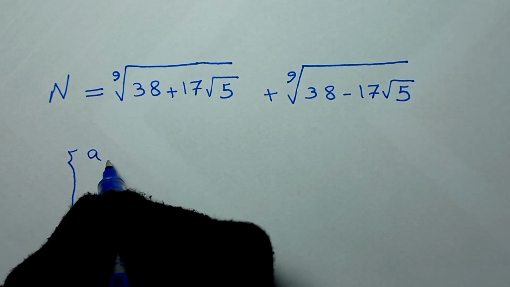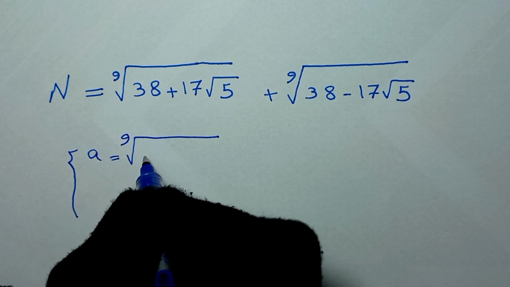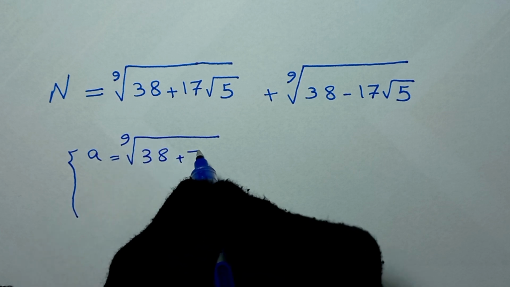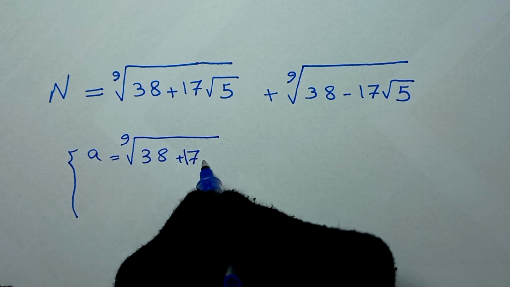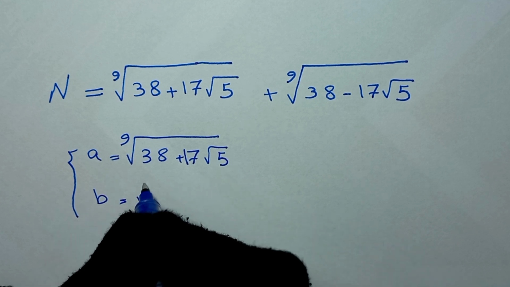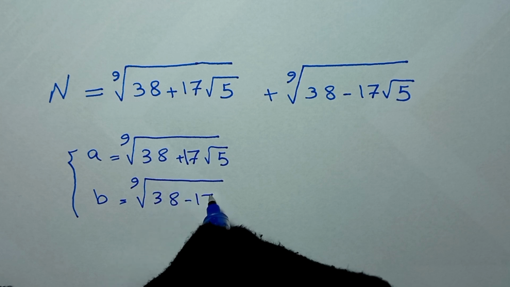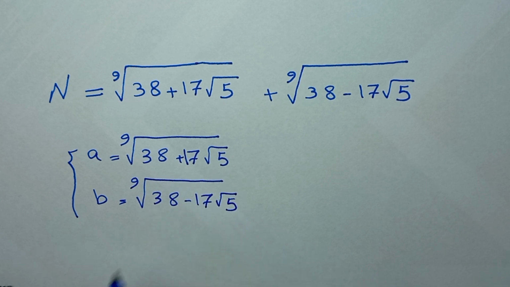Write a is equal to the 9th root of 38 plus 17 square root of 5, and b is the 9th root of 38 minus 17 square root of 5.